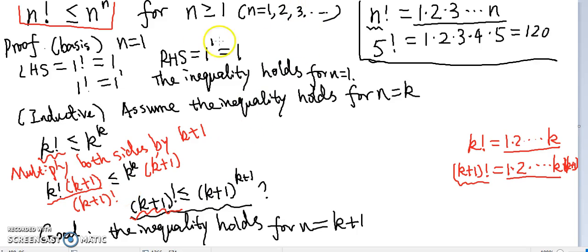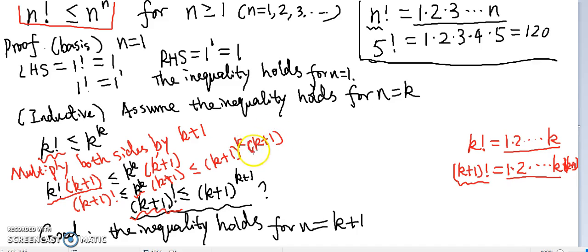And on the right-hand side, we need k plus 1 in the base and k plus 1 in the power. But what we have so far is k in the base and k in the power. So we're going to make some changes here. I'm going to increase the base k to k plus 1, and keep everything else.